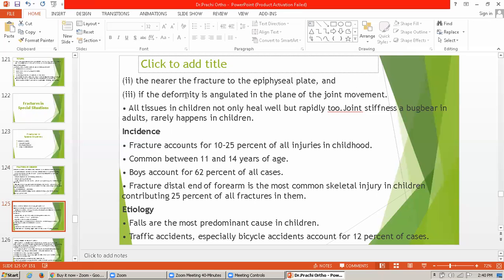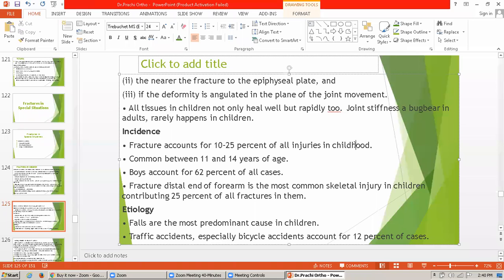So all the tissues in children not only heal well but rapidly too, that is, joint stiffness is a bugbear in adults and rarely happens in children.